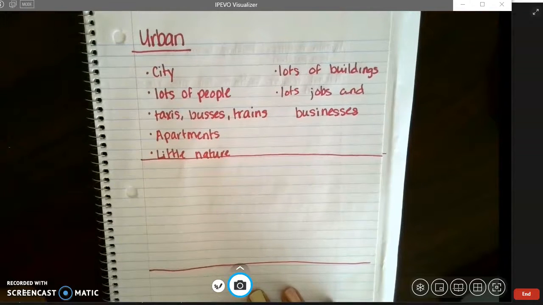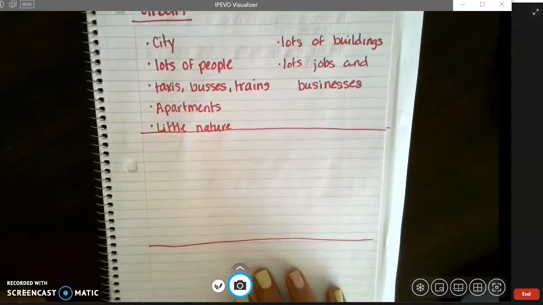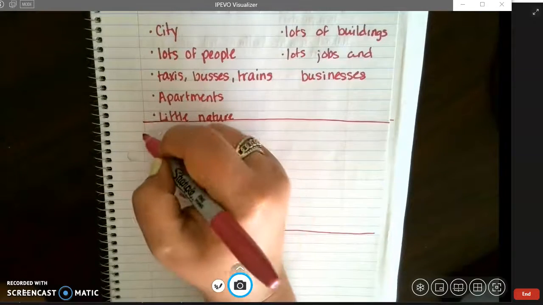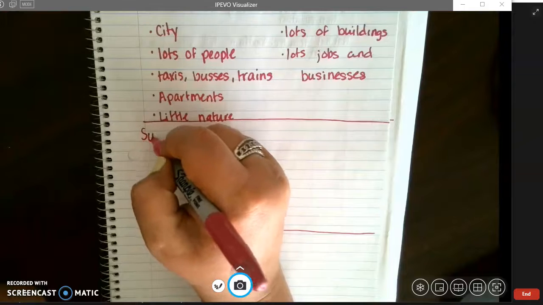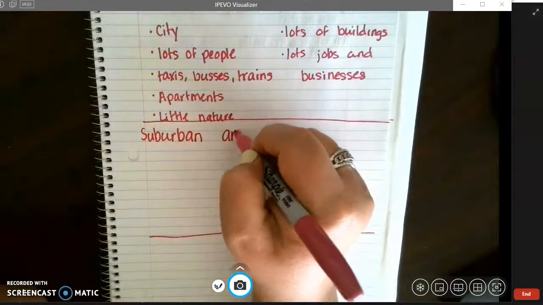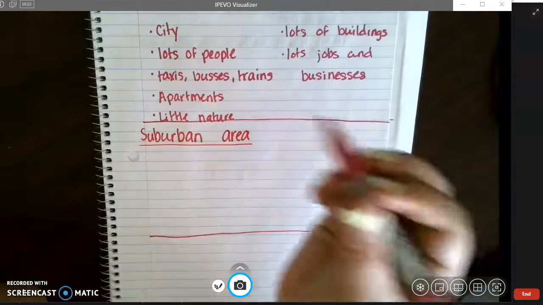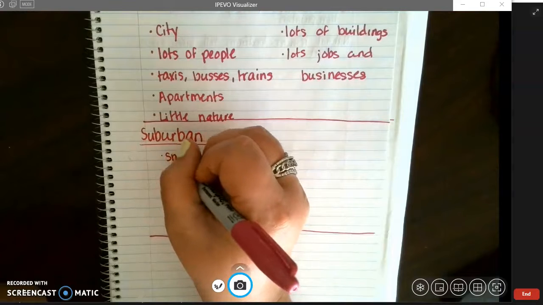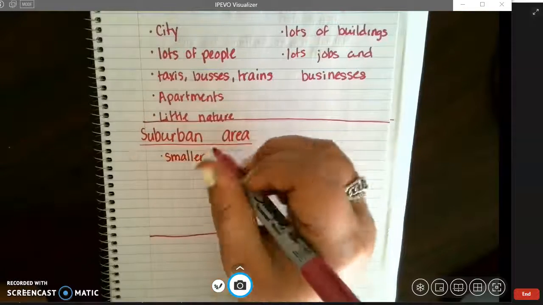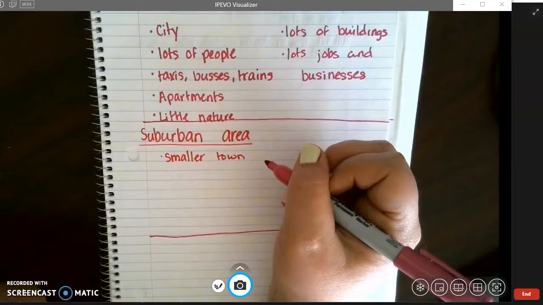Now, a place that's like a city but kind of smaller is called a suburban area, and that is going to be our second category. Suburban area. In a suburban area, that's like a smaller town, like Jackson, Addison, Adrian.